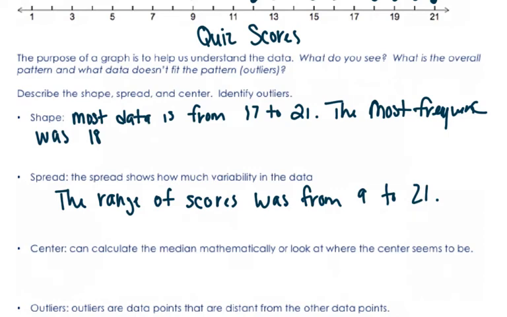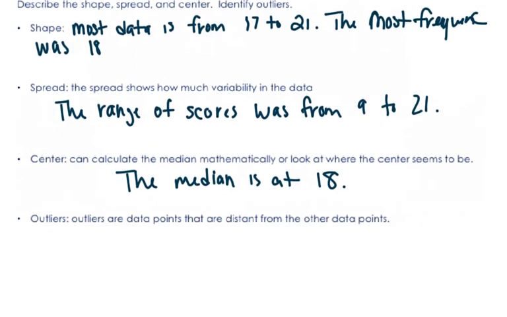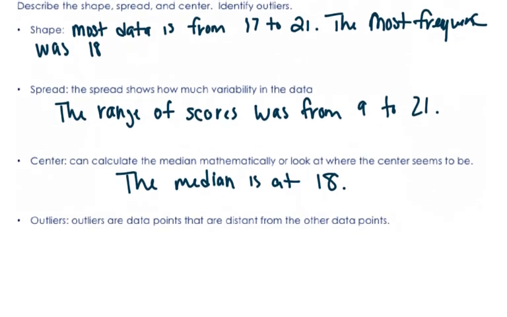So you can calculate the median mathematically or look at where the center seems to be. So you can look at it. I would say the median is at 18. Alright, and then outliers. So outliers are data points that are distant from other data points. So I would say 9 is an outlier because it's really far from all the other data.